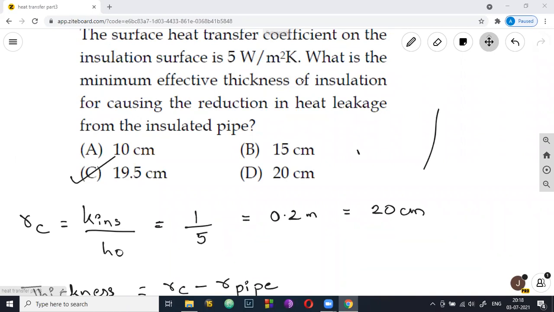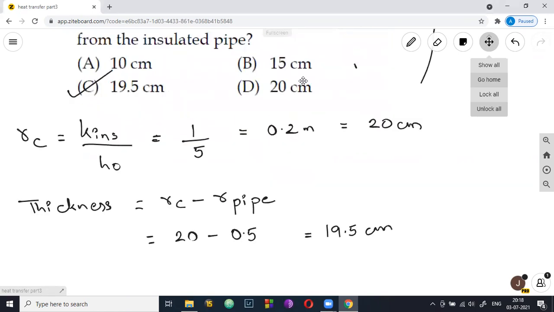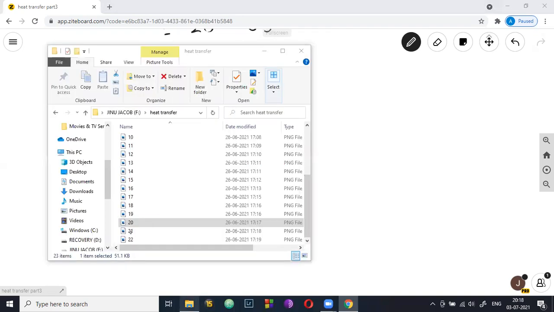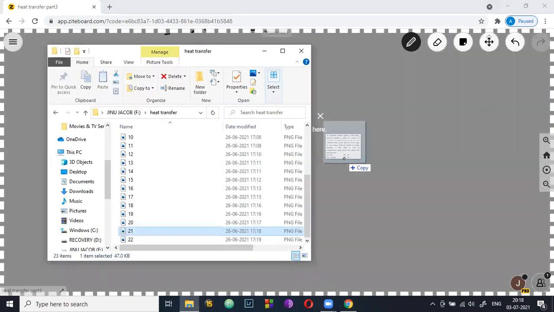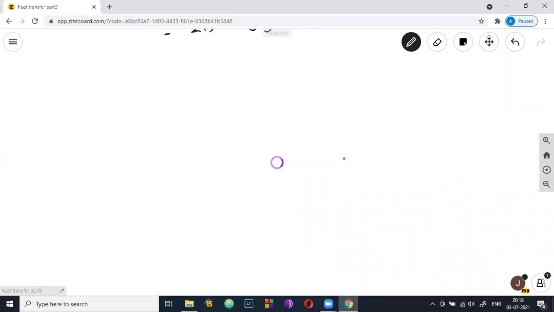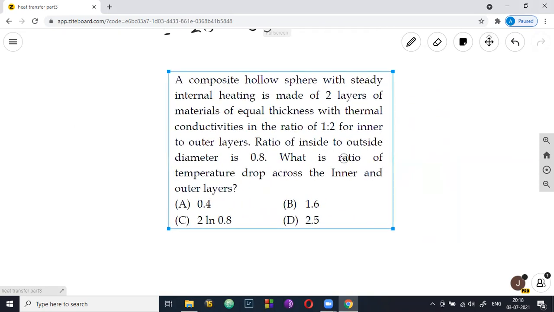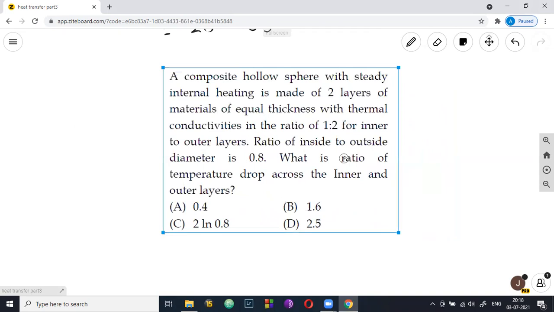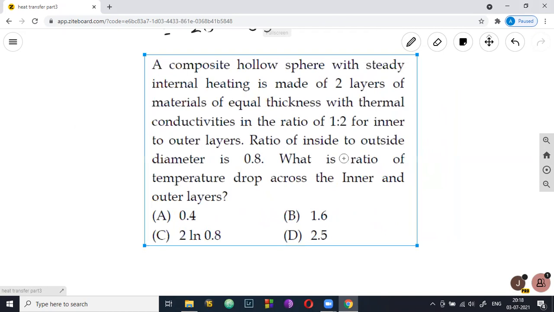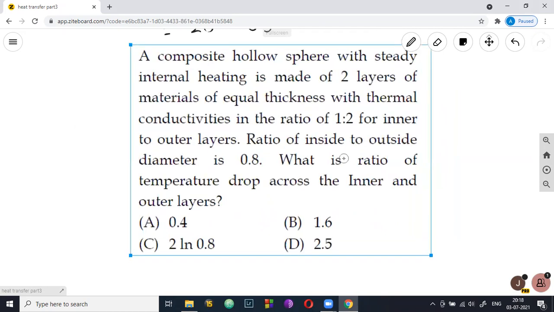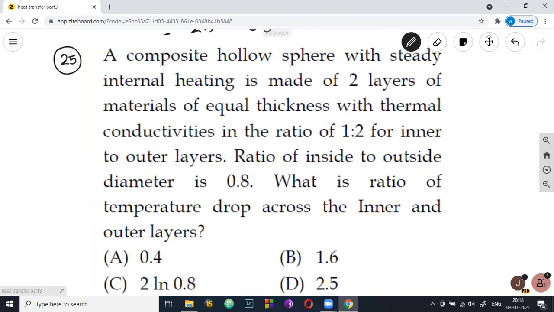Let's come to question number 25. So let's read the question.